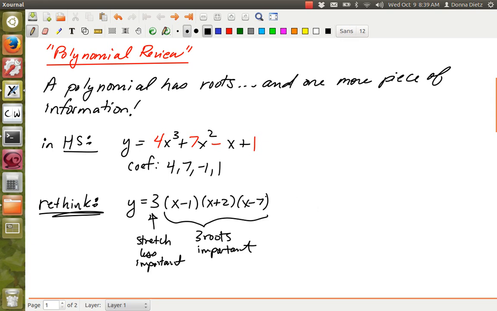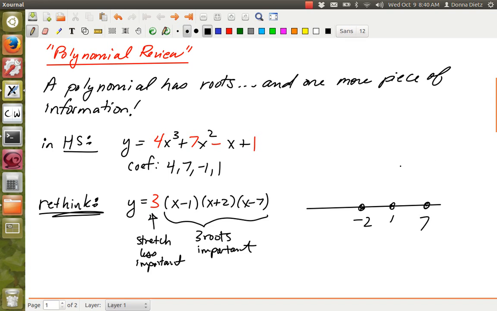But if I want to plot this, all I have to do is say, here's my x-axis, and I'm not even going to worry about this stretch factor. I'm going to completely ignore it. Didn't mean to turn that color. So I forget about that, and I don't need a y-axis at all. But I know there's a root at x equals 1, a root at x equals negative 2, and a root at x equals 7, and I'm just going to weave in and out of these roots.